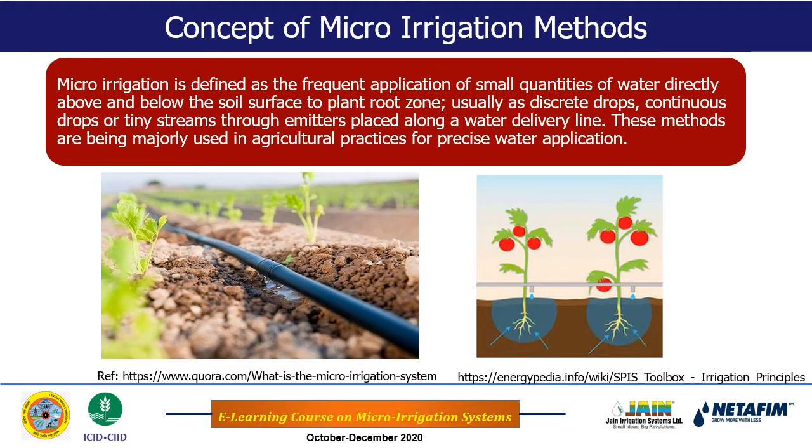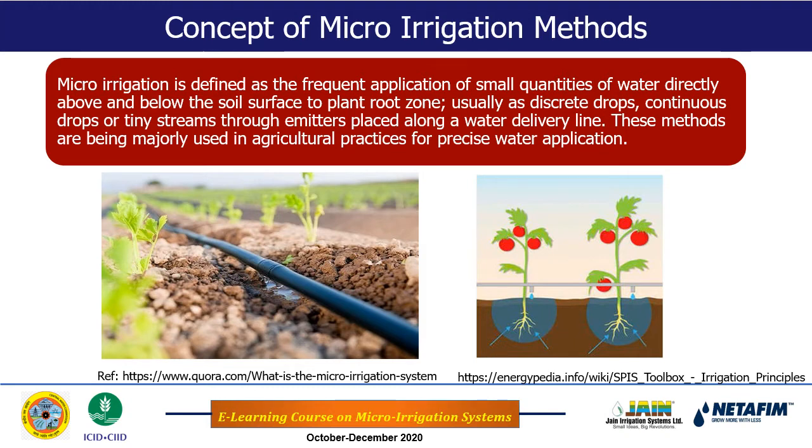Then maybe we can do this with the help of surface irrigation, sprinkler irrigation, or different versions of them. Then why is there a need for this micro irrigation method? But that is not the case actually. In surface irrigation, we have to apply a certain quantity of water to the field.